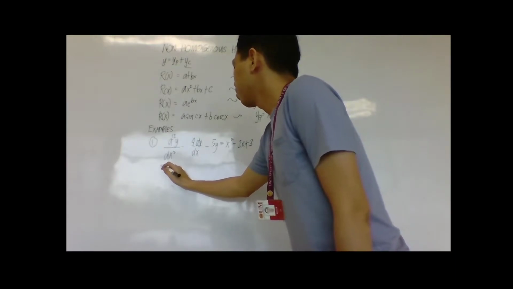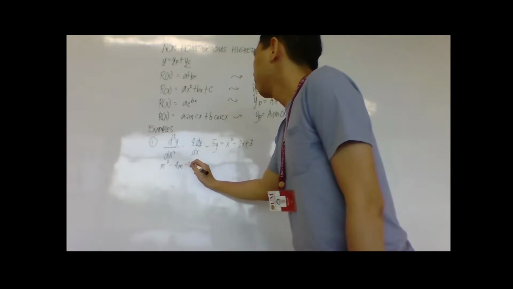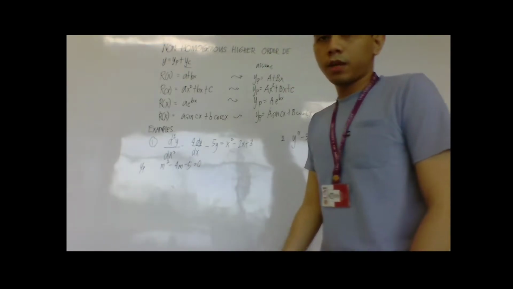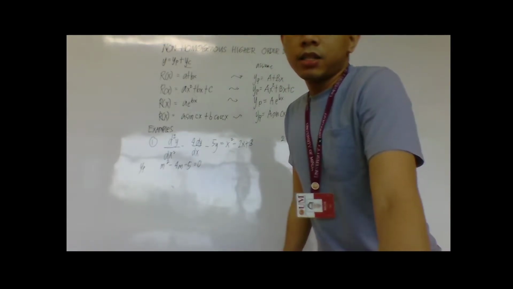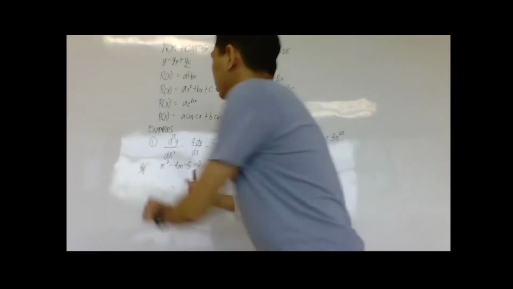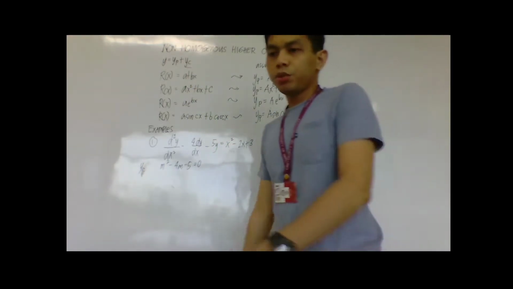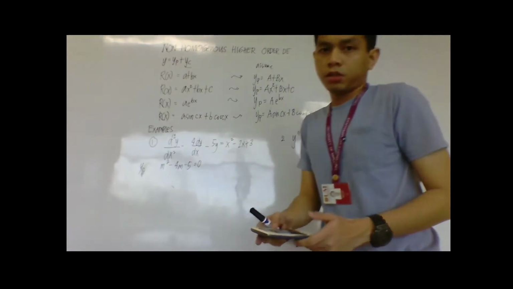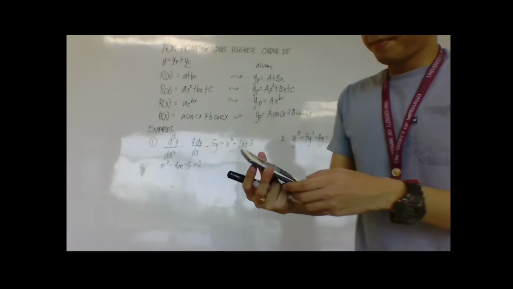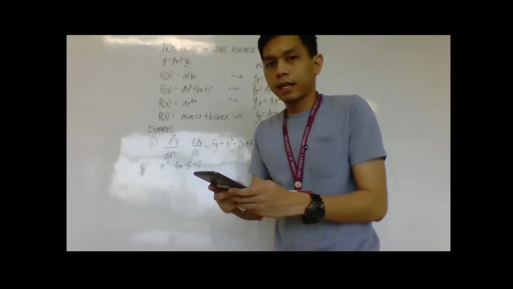So we have m squared minus 4m minus 5 is equal to 0. Sorry, that's yc. To get the roots of m, you need to use your calculator. Equation solver, then m squared, that's 1, then negative 4, then negative 5.